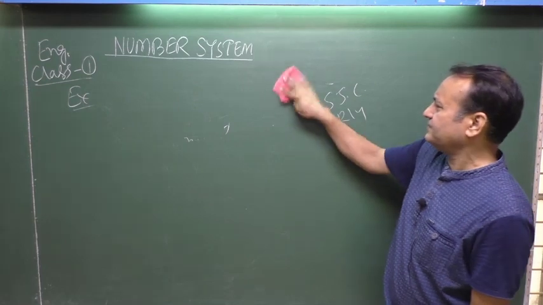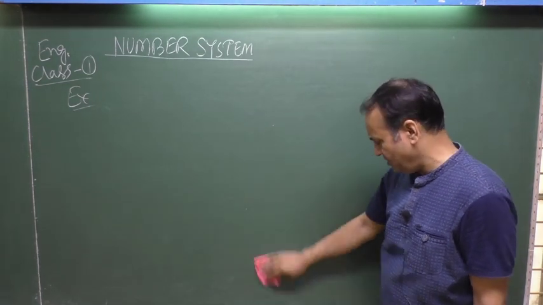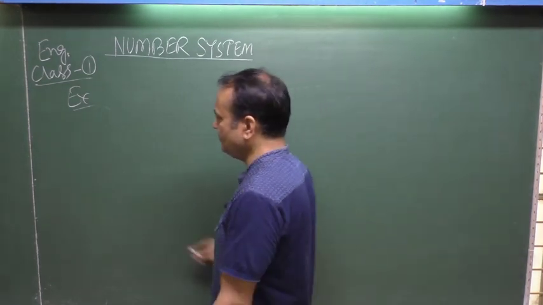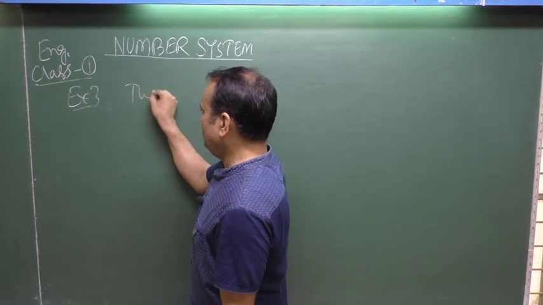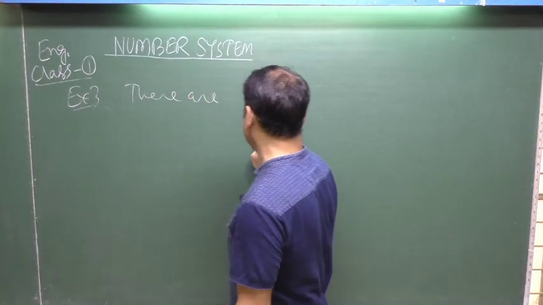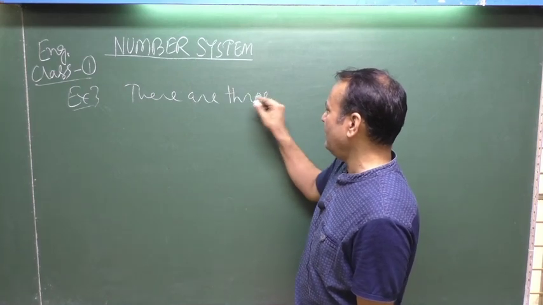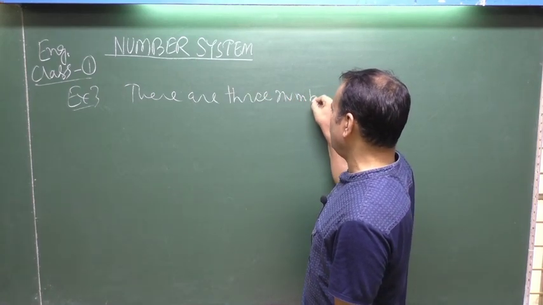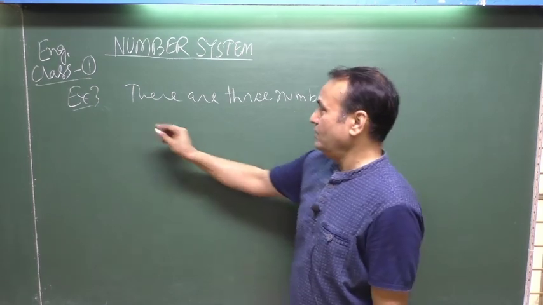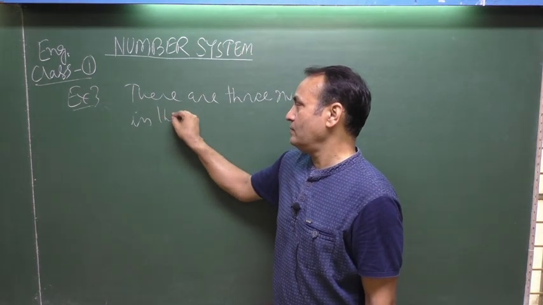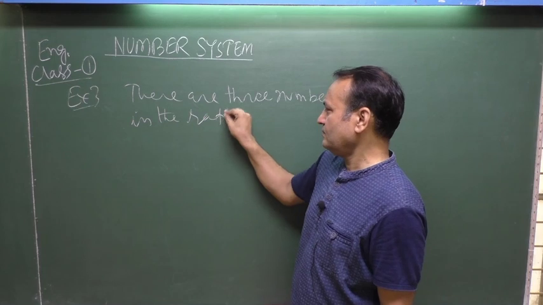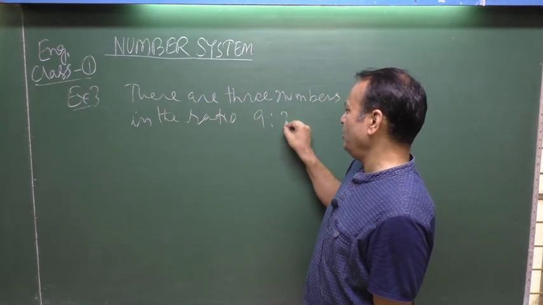Example 3. There are 3 numbers in the ratio 9:3:5.